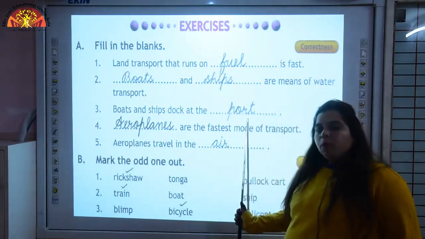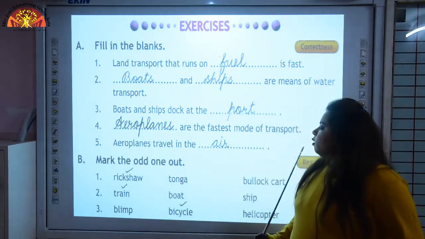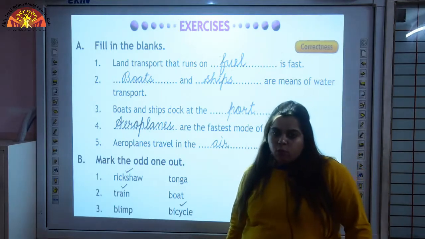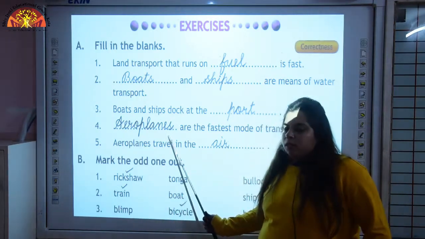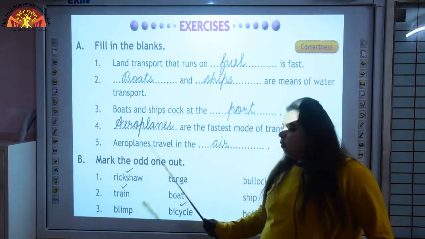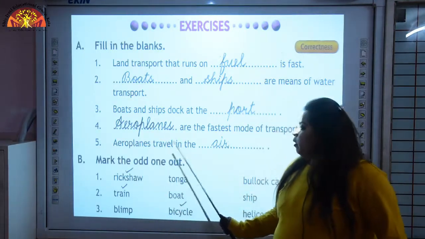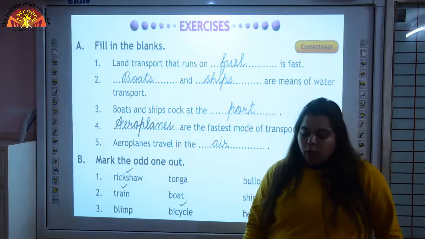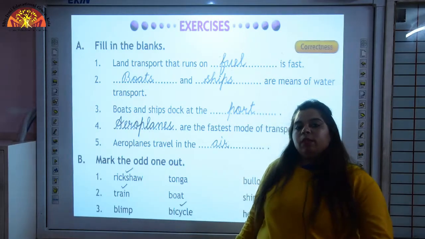So the answer is port. Dash are the fastest mode of transport. Now what are the fastest modes of transport? Aeroplanes. So we will write aeroplanes over here. Number 5, aeroplanes travel in the dash. Now where do aeroplanes travel? Aeroplanes travel in the air.